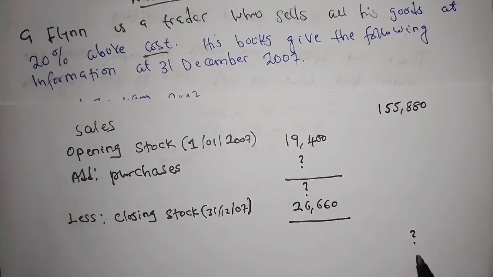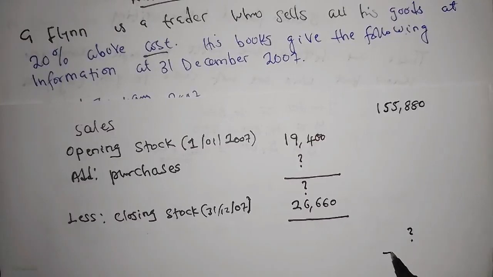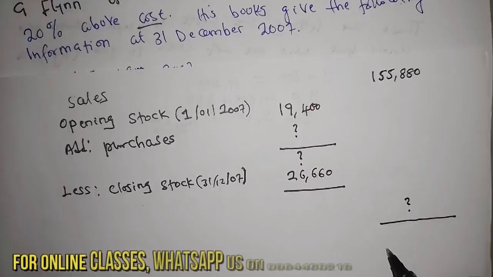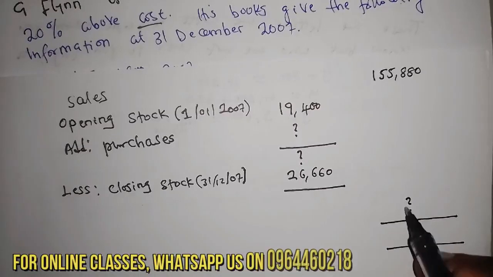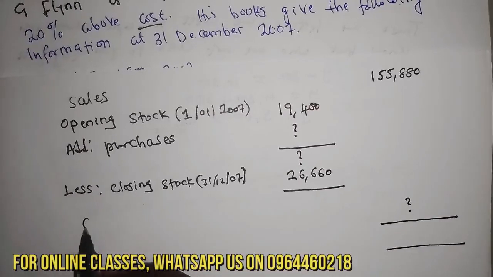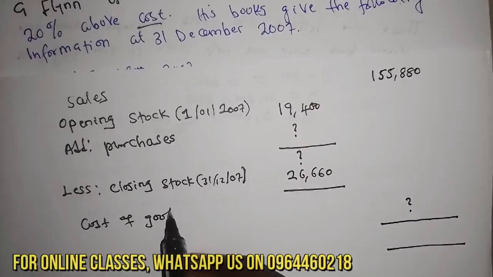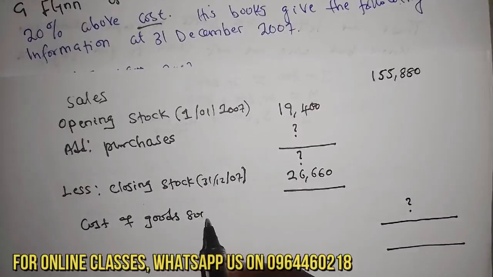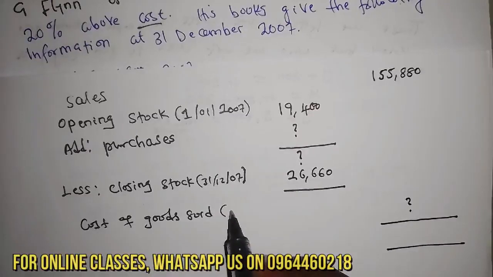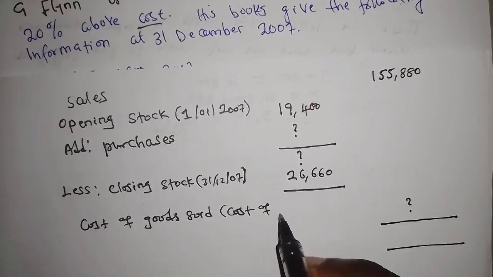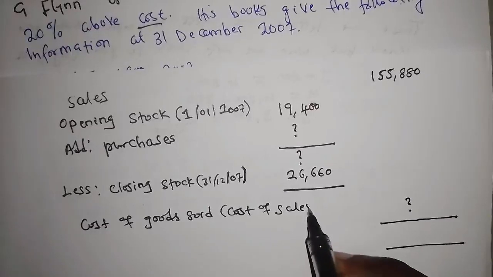This value of the question mark is called the cost of goods sold, or simply cost of sales.